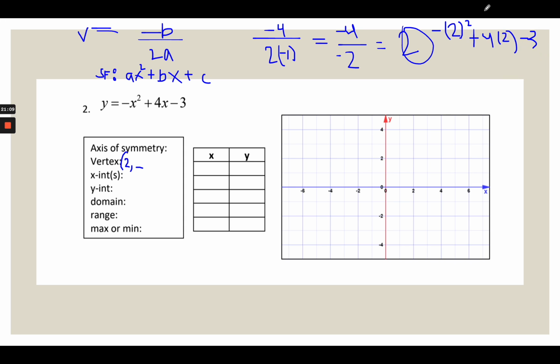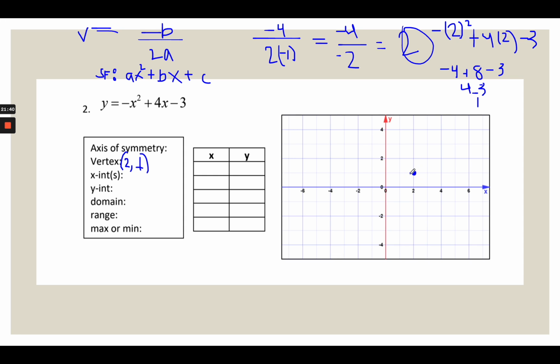So whatever this equals is going to complete our vertex point, okay? So this is going to be -2 squared is 4, so -4 plus 4 times 2, which is 8, minus 3. So we go left to right, 4 minus 3. So we get 1. So our vertex is 2, 1. Okay, so let's plot that. 2, 1.